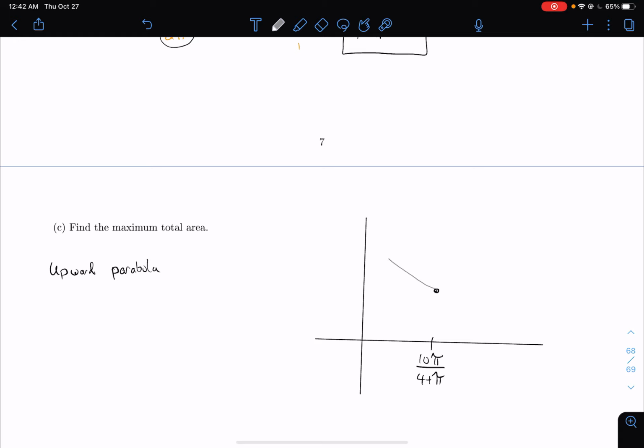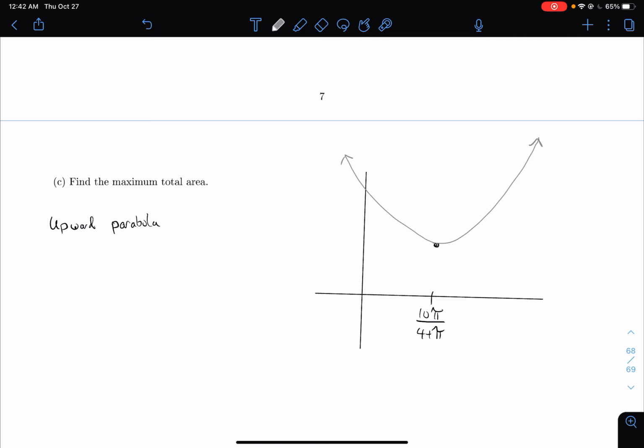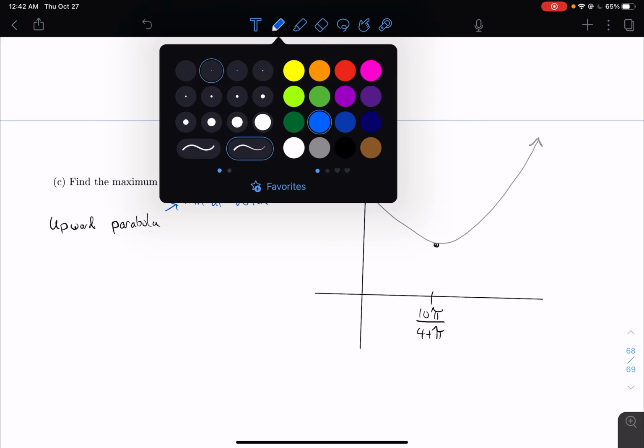So if I draw my upward-facing parabola, something like this, got to make it symmetric about that vertex. Well, with an upward parabola, I know where the min is because we just got it. The min is at the vertex. What about the max?